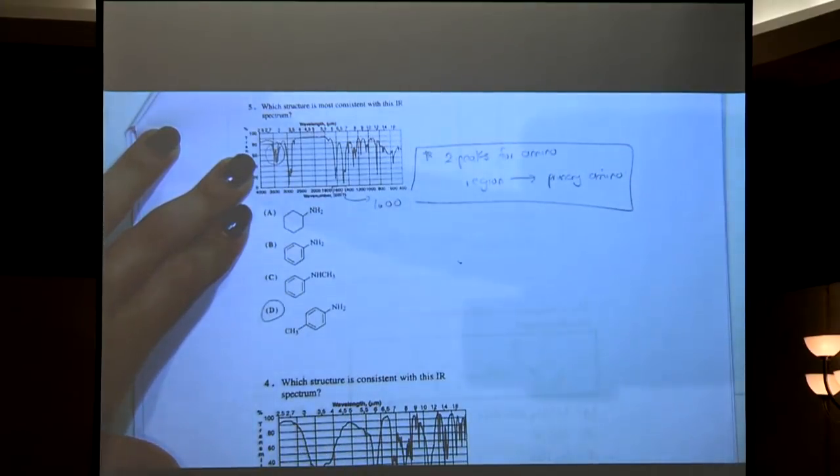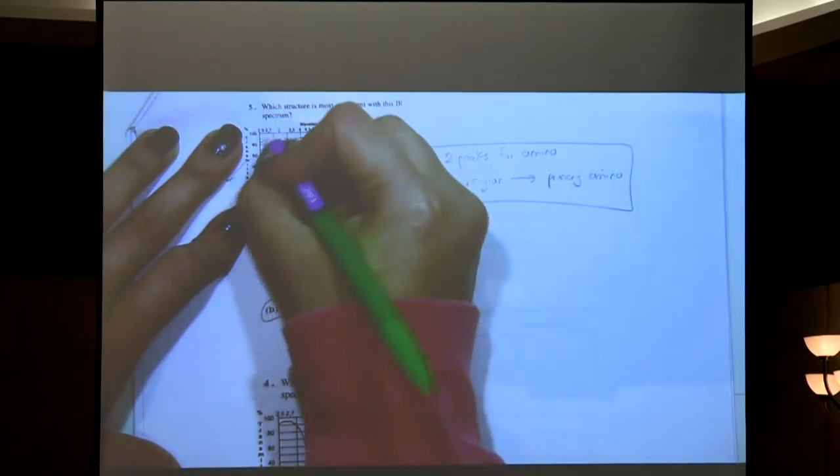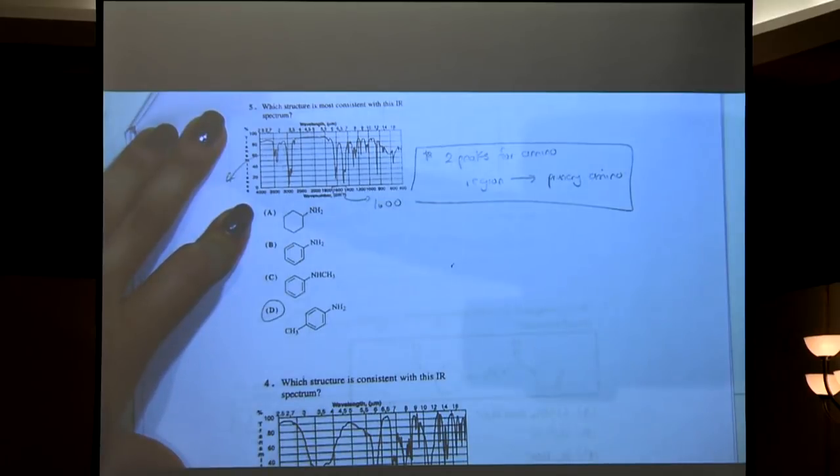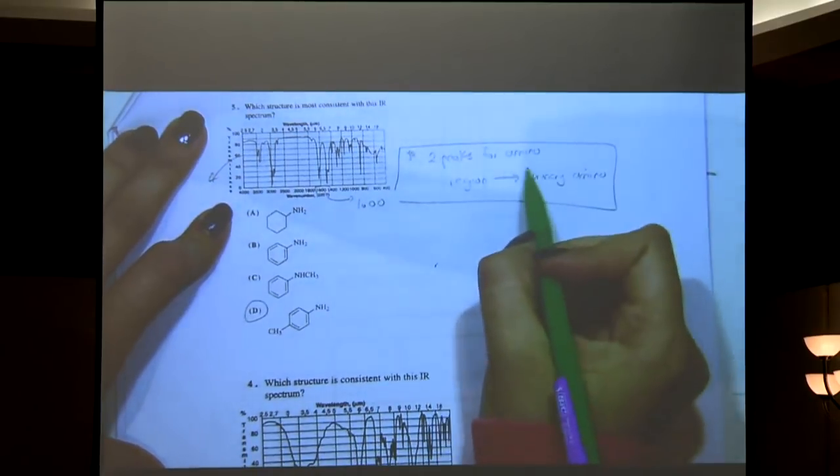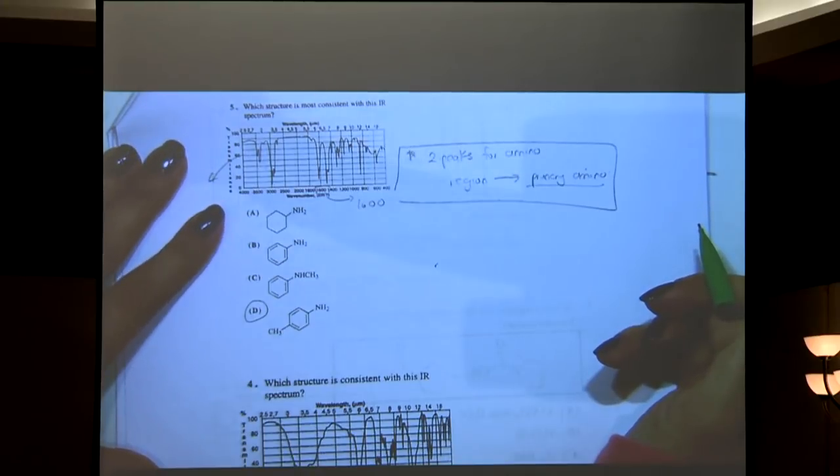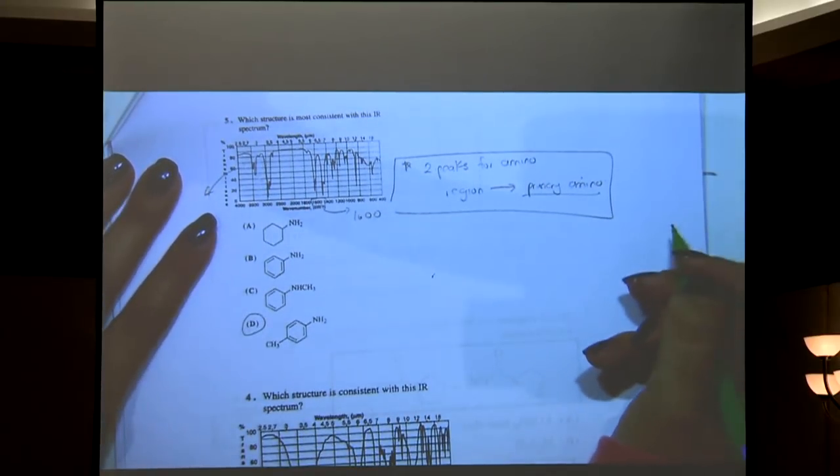If it was only like 1 peak, then it should be a nitrogen with some methyl or something attached to it. It should be secondary. Does that make sense? It says 2 peaks for amino region means that you have a primary amino. Any other questions?